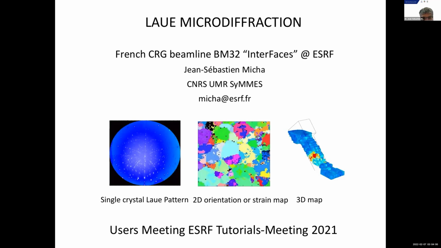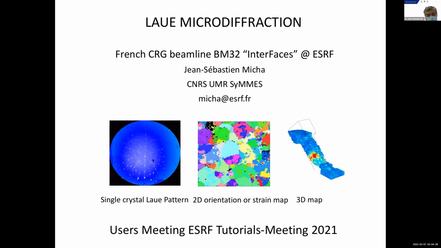So simply what you can see, if you can see my mouse here, is a typical Laue pattern. These are the intensities that we can record on a plane or curved detector. In our case, it is a plane detector that we put close to the sample, and then we illuminate the sample with a polychromatic beam, a multi-wavelength, white beam.